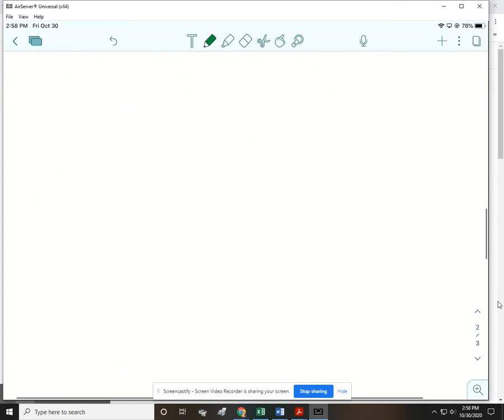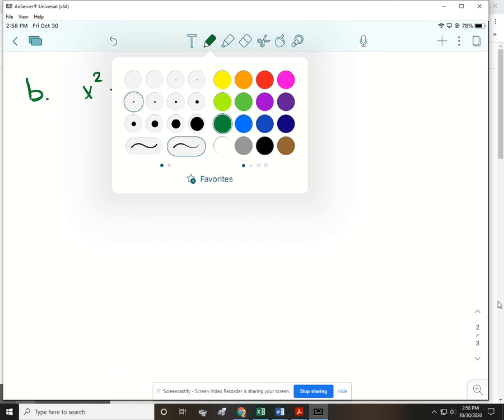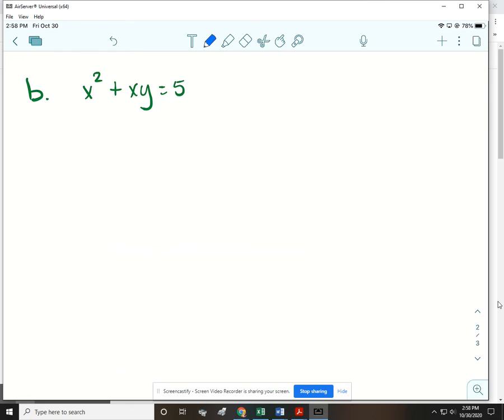Okay, so let's look at another one. For B, we have x squared plus xy equals 5. We are going to start off by finding the first derivative implicitly. So the derivative of x squared is, of course, 2x. And when I find the derivative of xy, I'm going to have to use the product rule.